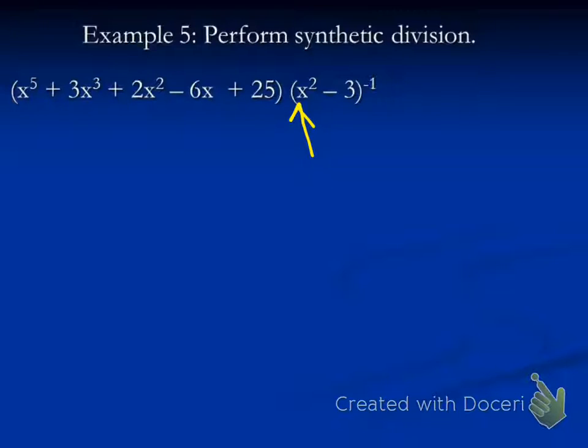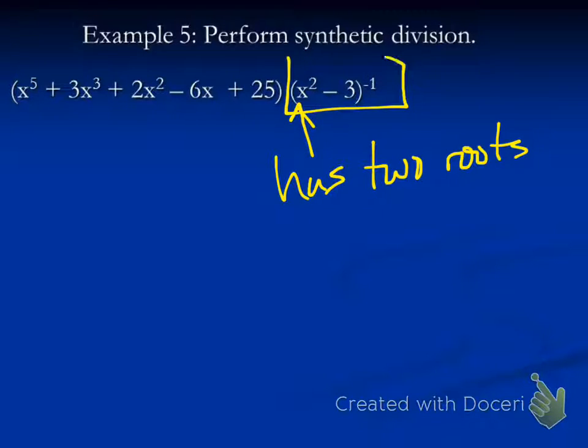The divisor has 2 roots, doesn't it? And they are irrational, right? So which root would you use in the synthetic division process? The answer is neither, okay? If you don't have a linear term out here, this is a quadratic term. If your divisor is not linear, you cannot use the synthetic division process, okay?